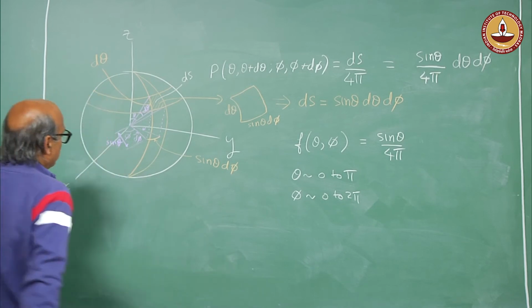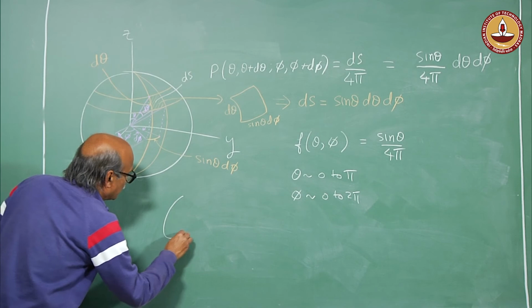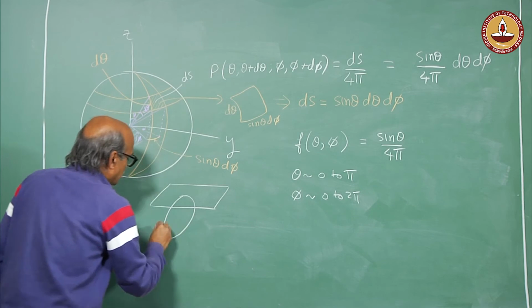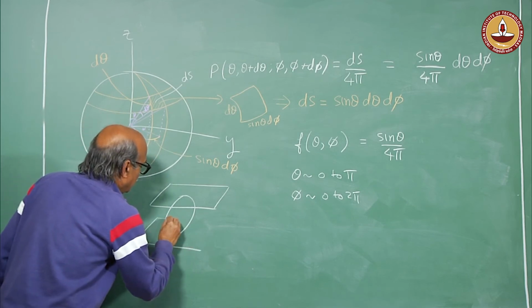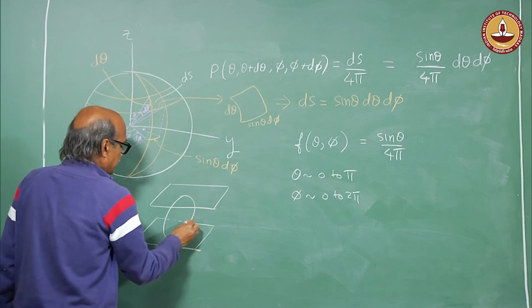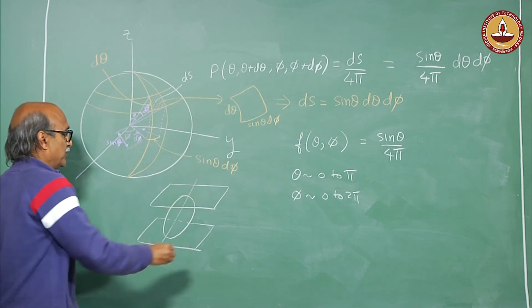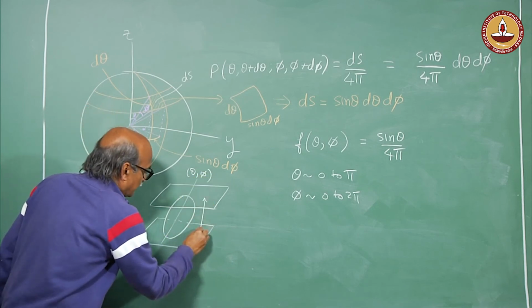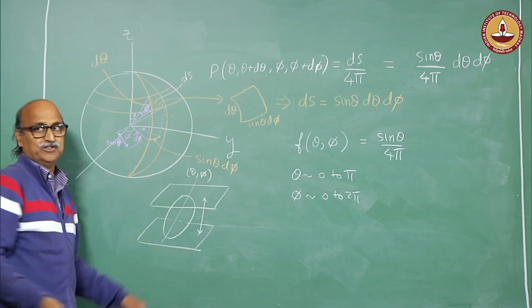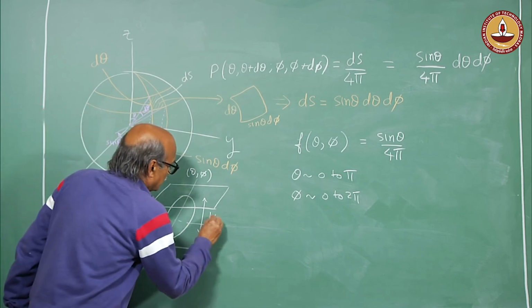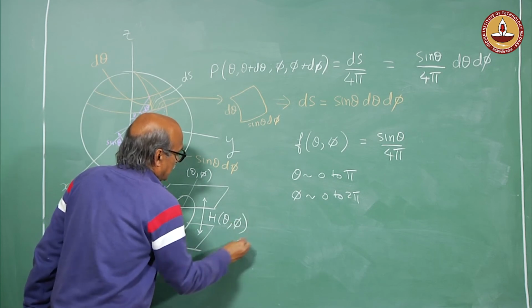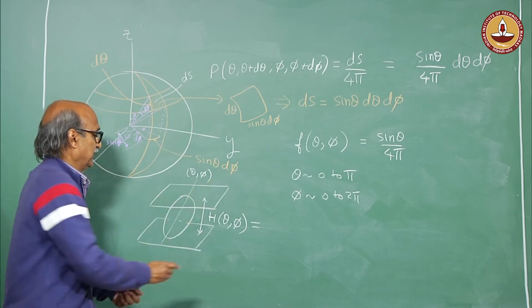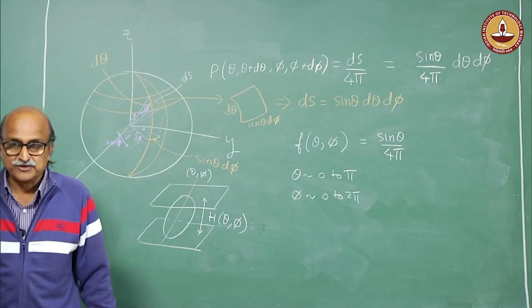Okay. So, now if I have a non-spherical object at some arbitrary orientation given by theta and phi, then the tangent diameter for this orientation is nothing but the distance between these two tangent planes. I can call that h theta phi, and this is going to vary as a function of theta and phi.